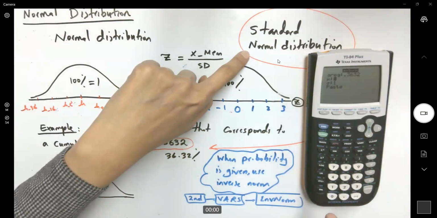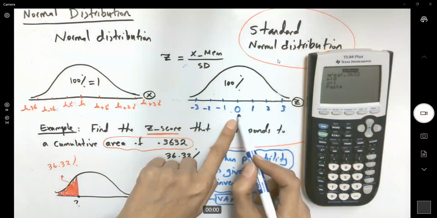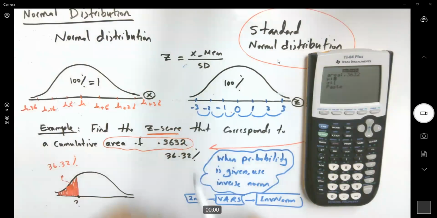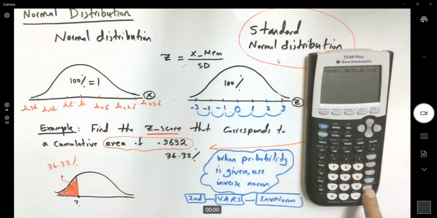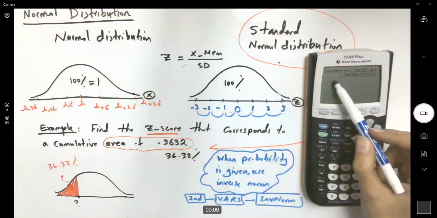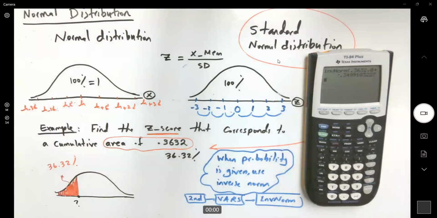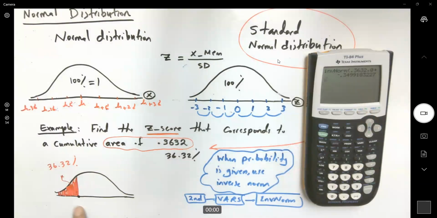Since I'm dealing with the standard normal distribution, mean is 0, with standard deviation 1 unit. So it stays 0, it stays 1, and calculate. You have negative 0.35. This is my Z value, negative 0.35.